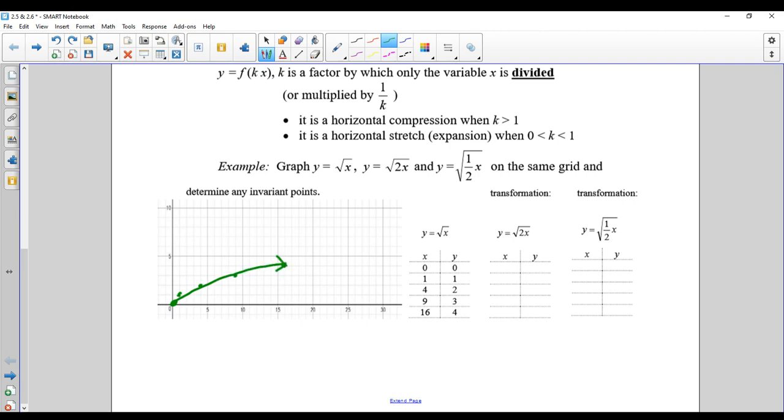Okay, so there's my square root line, square root of x line.